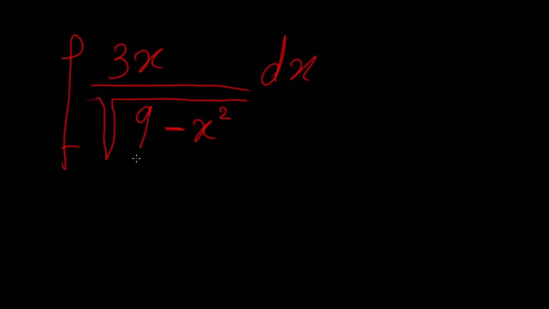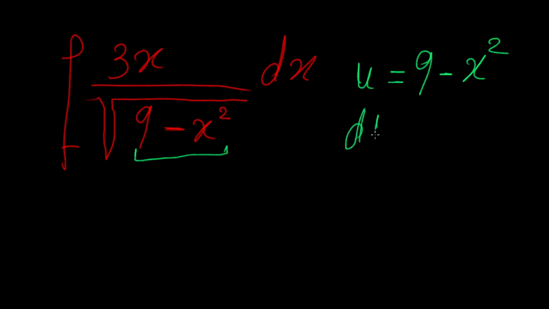All right. So here, as you have guessed, we will be substituting 9 minus x squared. So we'll have u equal to 9 minus x squared. Now after differentiating the du, actually why do we differentiate? We differentiate for two reasons.